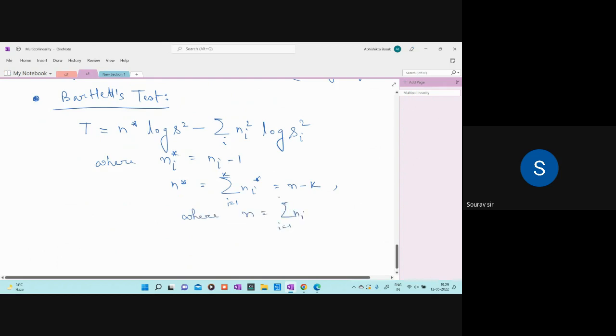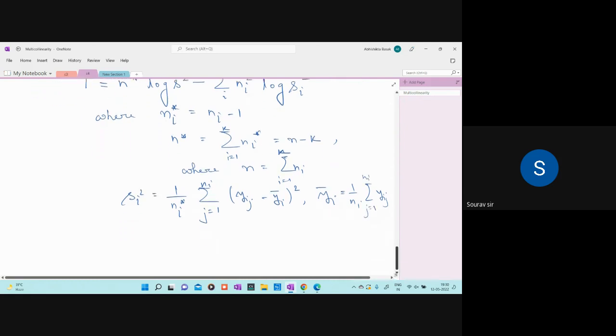I'm going to tell you where I am getting these things. si square is equal to 1 by ni star summation over j running from 1 to ni of yij minus yi bar whole square, where yi bar is 1 by ni summation over j of yij.